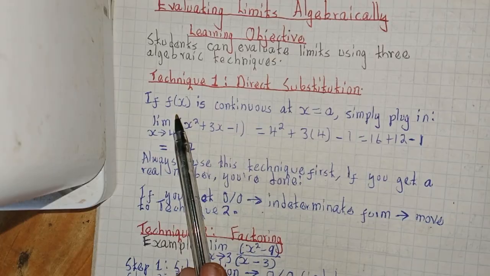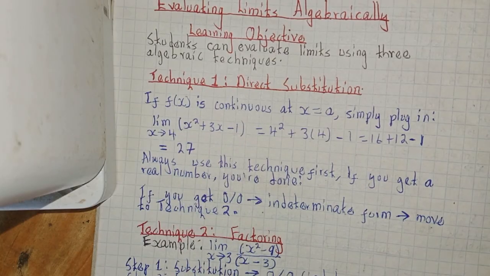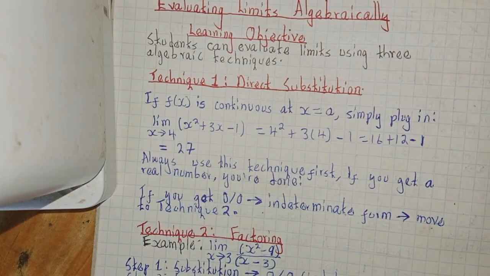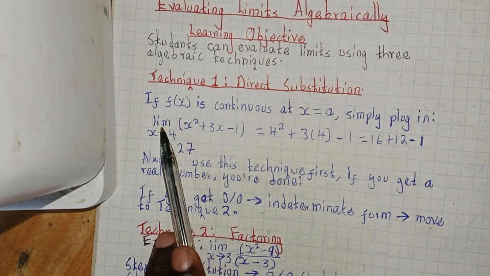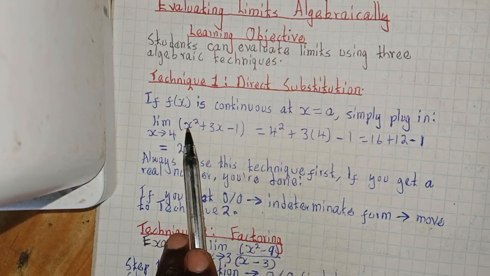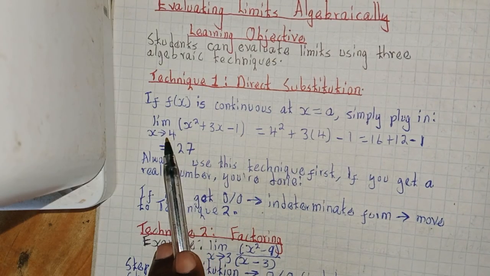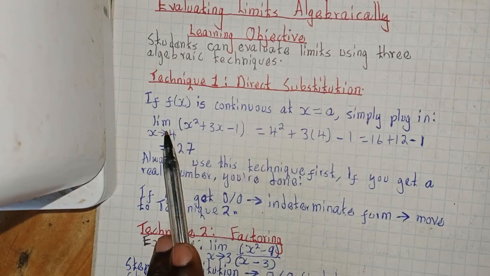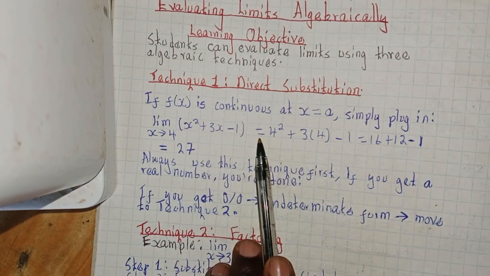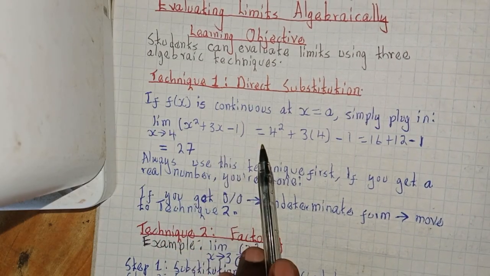If f of x is continuous at x equals a, simply plug in the value a for x. For our instance here, the limit of the function x squared plus 3x minus 1 as x approaches 4 is equal to, as we have said, we just plug in the value.